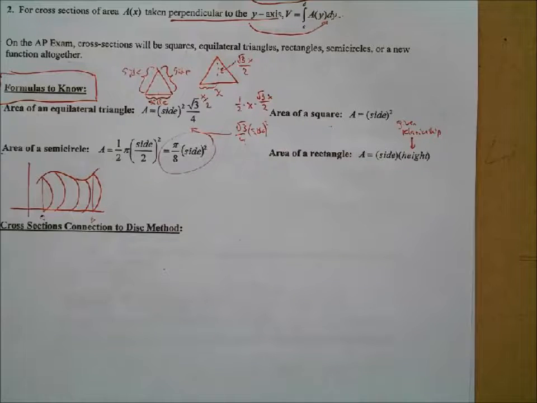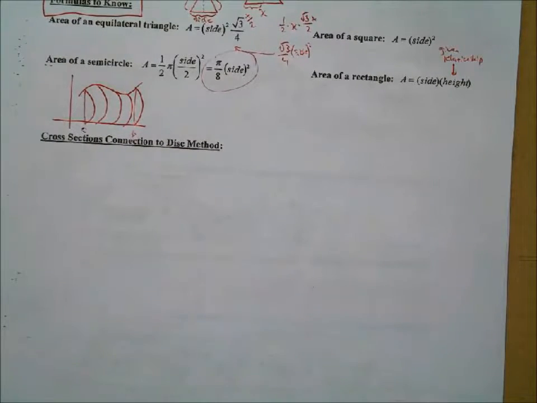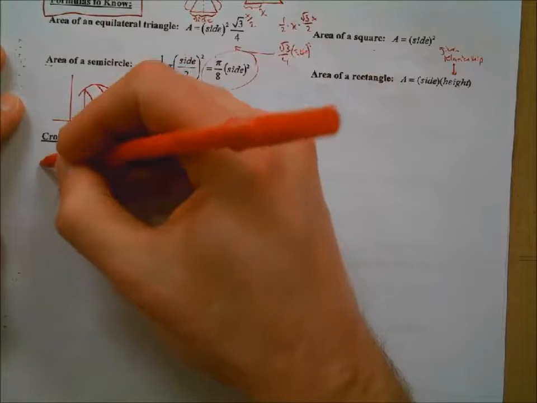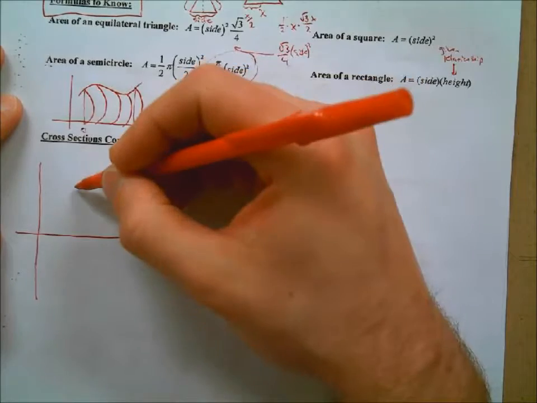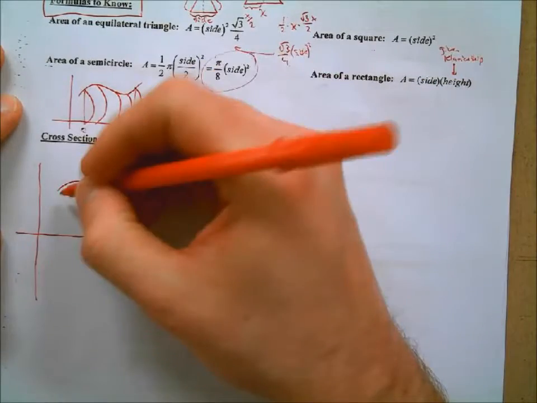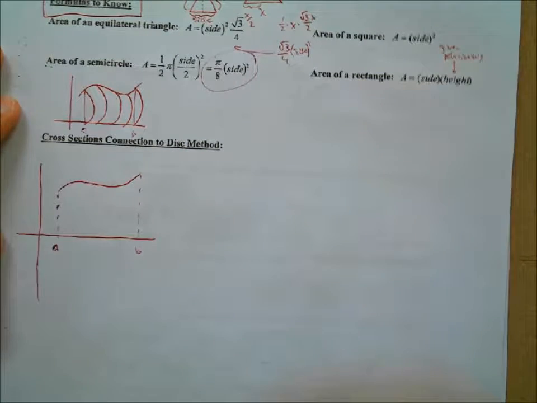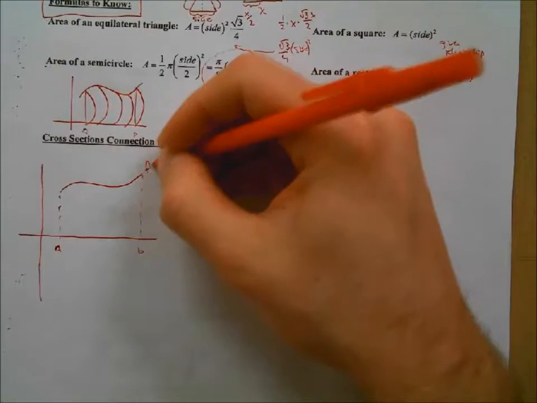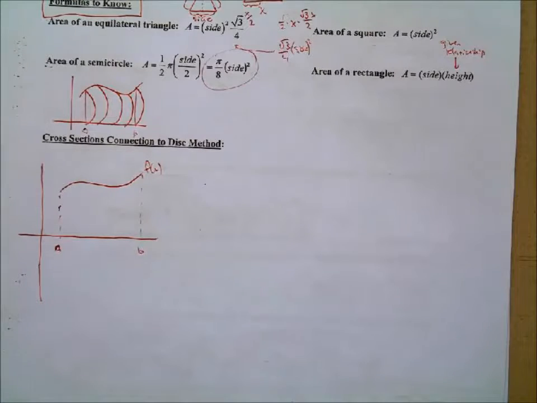There is a connection to the disk method. So again, let me draw another picture here. Let's say we have our function f of x, and I'm going to rotate this about the x-axis.